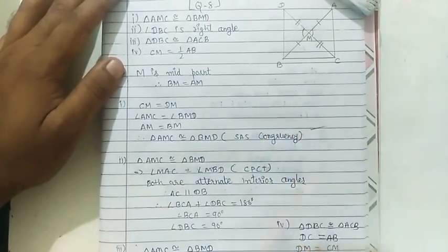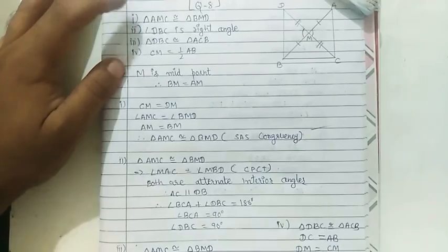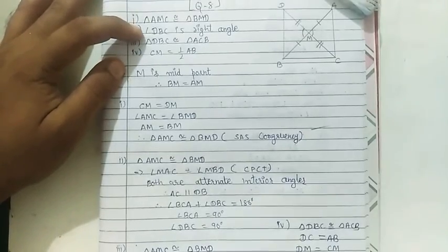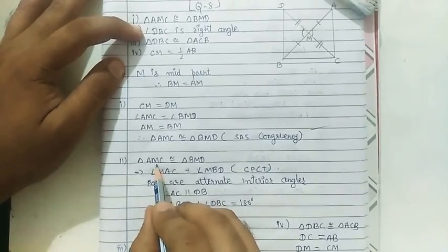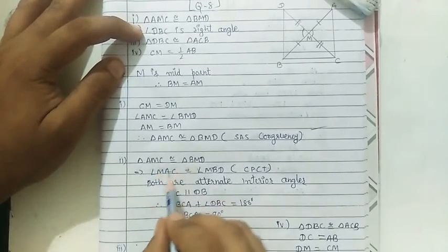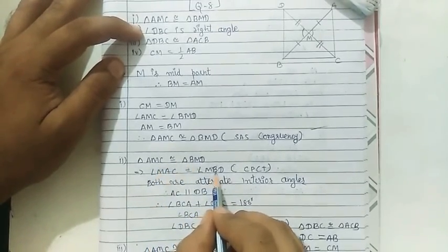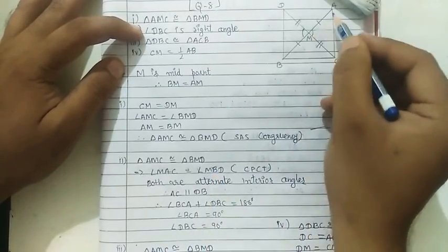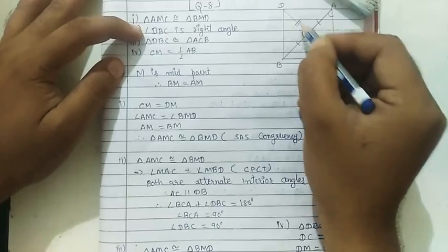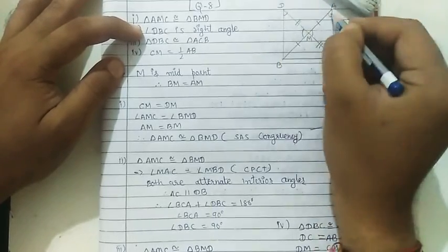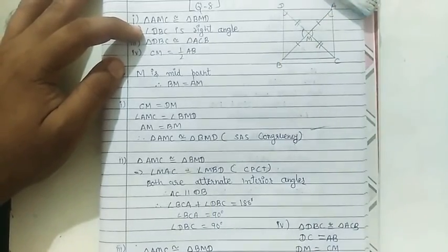That is proved. Yes. Now second thing, what we have to prove? We have to prove that DBC is a right angle. Okay, this we have to prove. Now we got that these both are congruent, so MAC is equal to MBD. MAC this and this one MDB, these both are same according to congruency. Okay, now both are alternate interior angles.